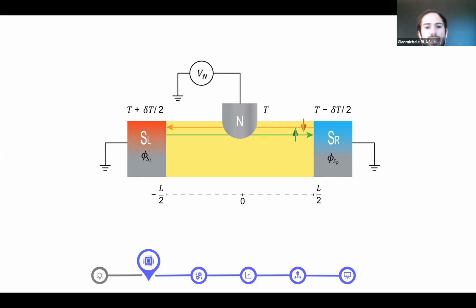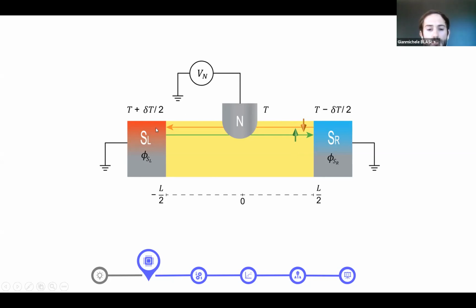Indeed, we have demonstrated that the thermoelectric current one can measure at the probe by putting a thermal bias delta T between the two superconductors does not depend on the temperature of the probe and also does not depend on the position of the probe along the helical edge states of the topological insulator.